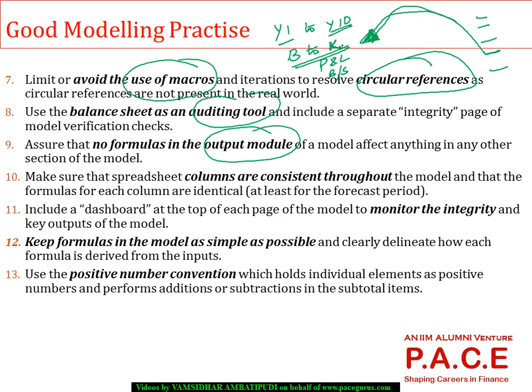That will create some kind of consistency when someone is going through your model, and even when you are referring to your model at a later date, that kind of clarity can come quite comfortably. And include a dashboard at the top of it, each model, wherever you are able to create one model.